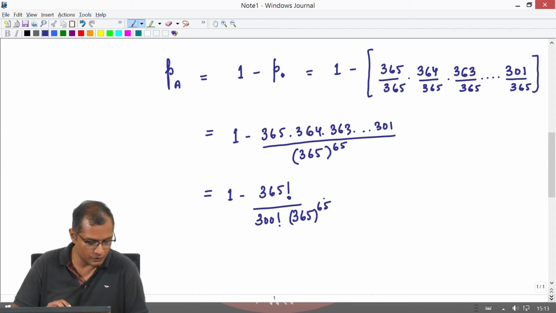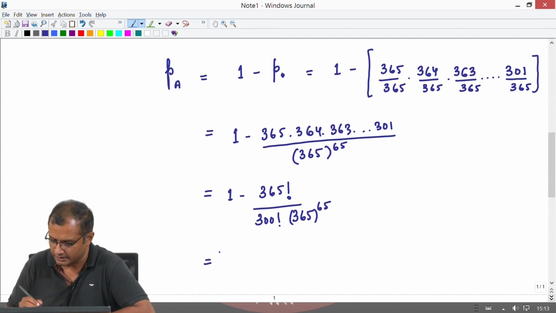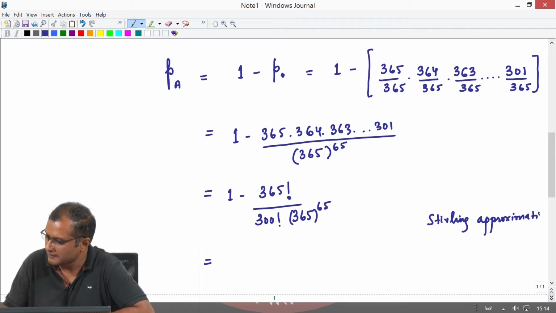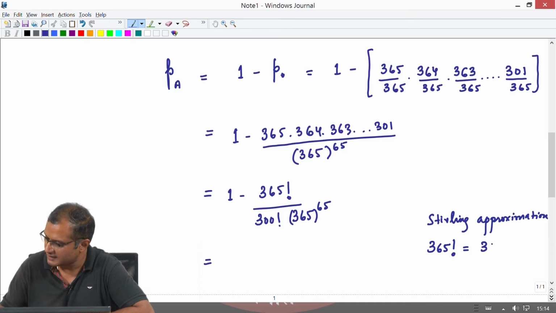Okay. And if you solve this, you compute it in a calculator, or you can use a simple Stirling's approximation. Because this is a large number, for large n, n factorial can be written as (n by e) to the power n.